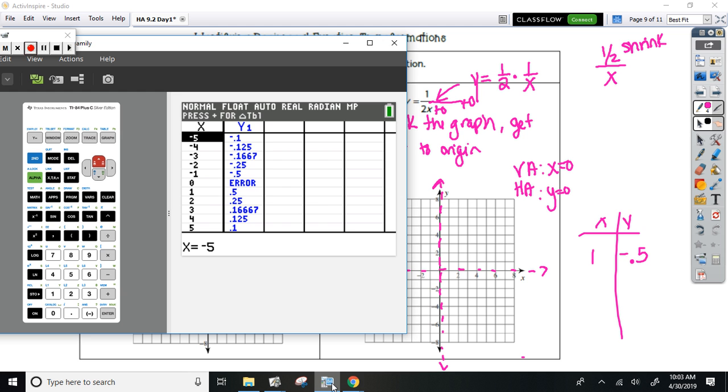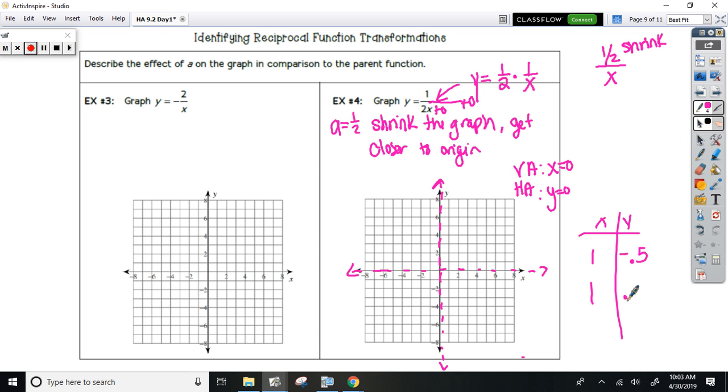And (-1, -1/2). All the other numbers are pretty small. I mean, you can plot them, but it's going to be an estimate when you have like 0.25 and so on. I'm going to use a different color so it stands out.